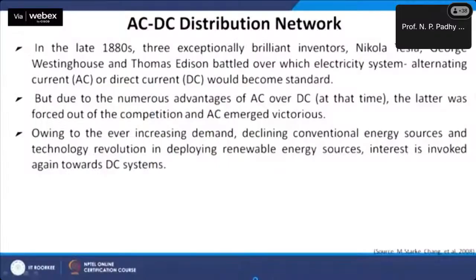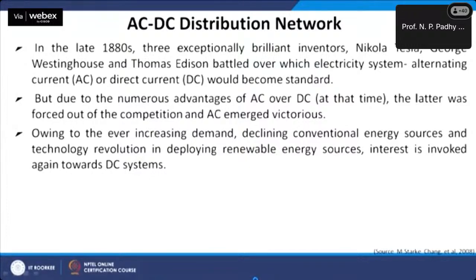But due to numerous advantages of AC over DC, finally AC was found to be the victorious one, and today we all use AC system in place. Owing to the ever increasing demand, declining conventional energy sources and technology revolution in deploying renewable energy sources, interest is invoked towards DC grid again.